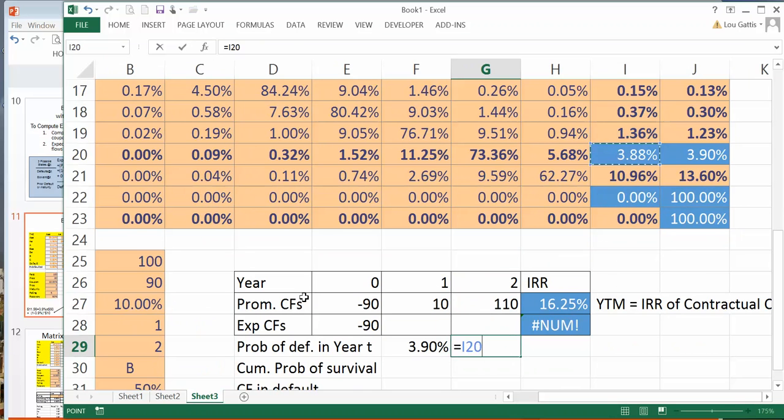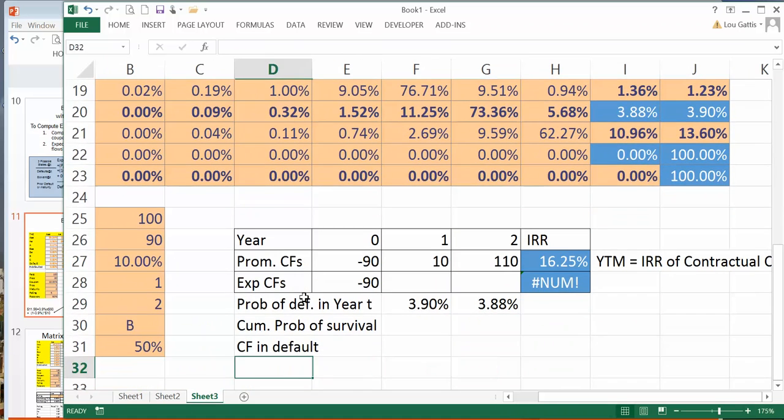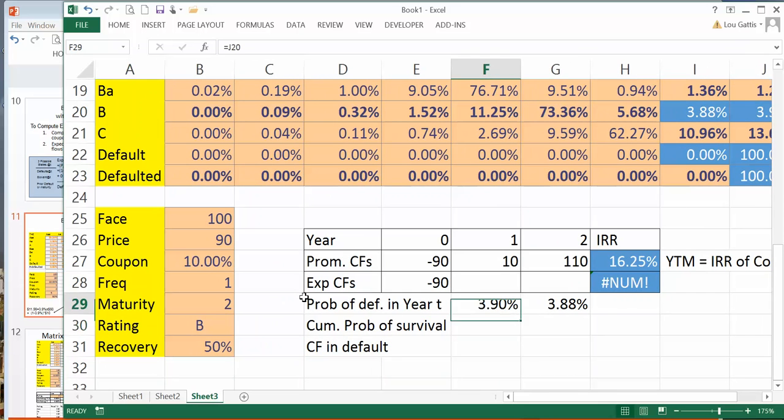Okay, so I have a 3.9% chance of defaulting in year 1, 3.88% chance of defaulting in year 2. The probability that the bond survives year 1 is 96%. The probability that the bond survives both years is 1 minus 3.88 minus 3.90, so a 92% chance it survives both years. Now if the bond does default, I get recovery times face. And I can copy that.